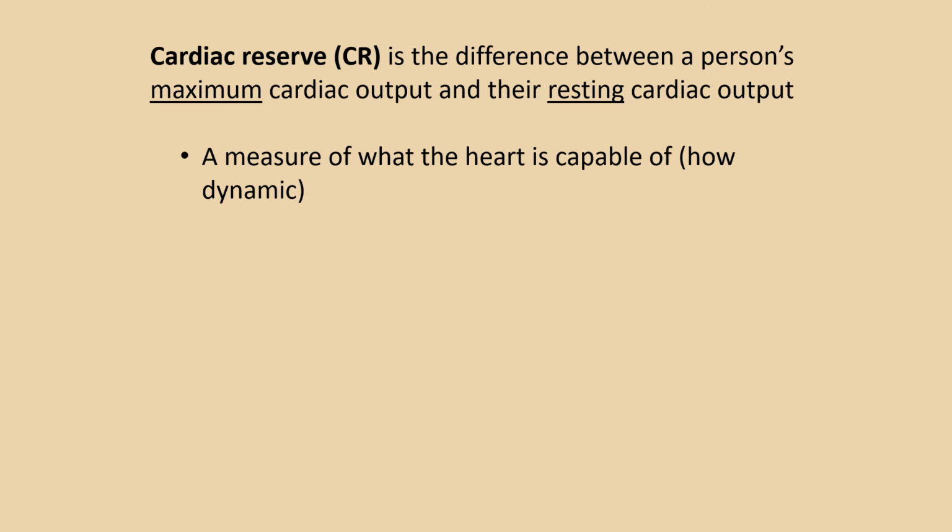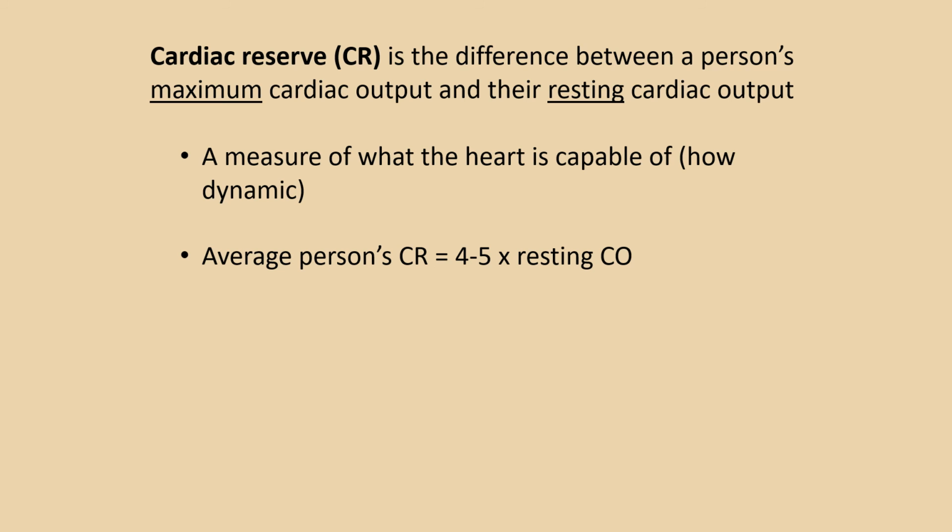We can then use that along with your resting cardiac output to determine what's known as your cardiac reserve. Your cardiac reserve is the difference between your maximum cardiac output and your resting cardiac output. Cardiac reserve is a measure of what your heart is capable of, how dynamic it is.